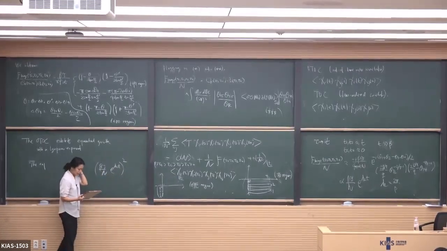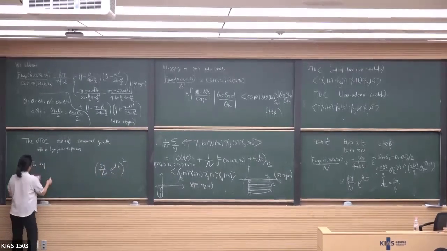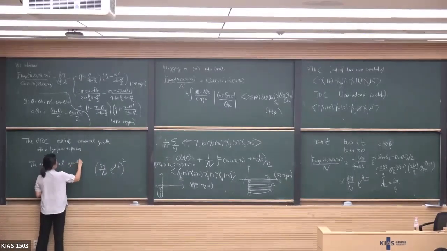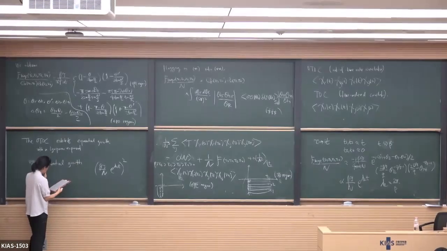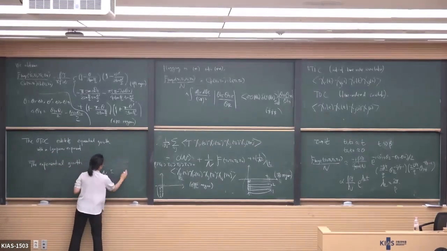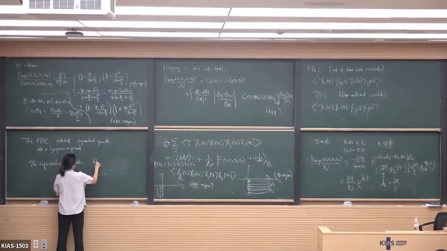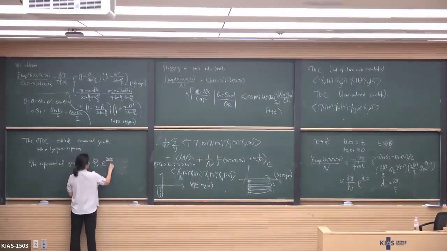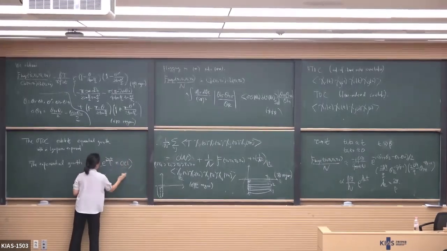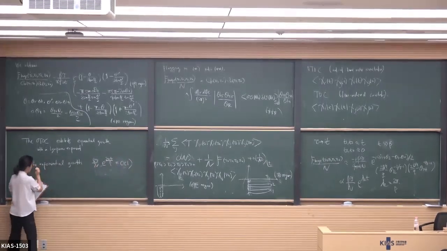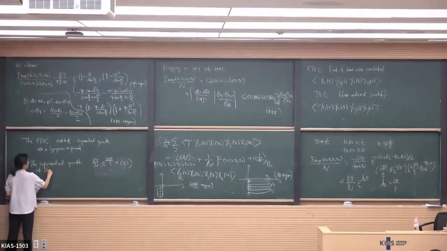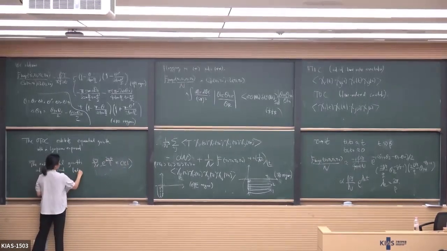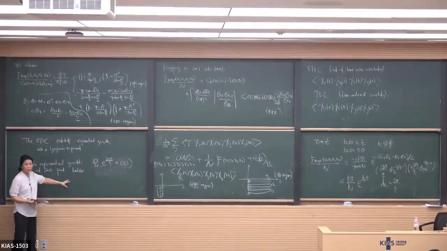So the exponential growth actually saturates. The exponential growth of the OTOC saturates when beta J over n times e to the 2 pi t over beta is order 1, at which point ladder diagrams no longer dominate, and you have to take into account multiple ladders.